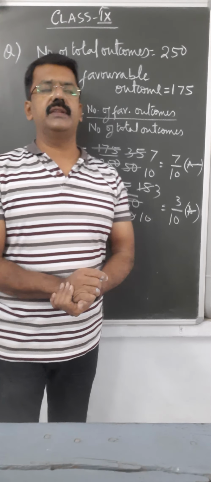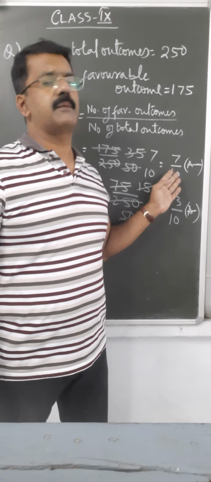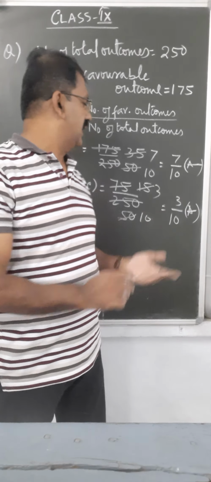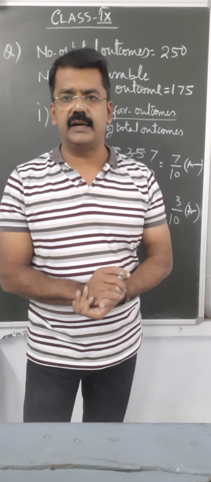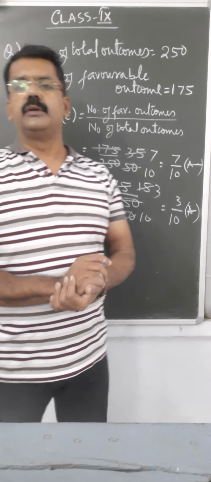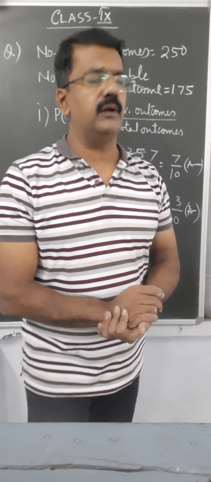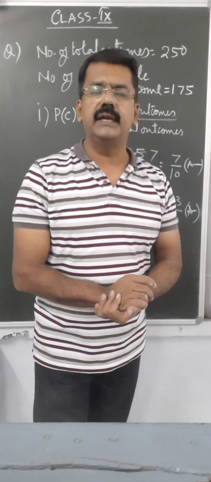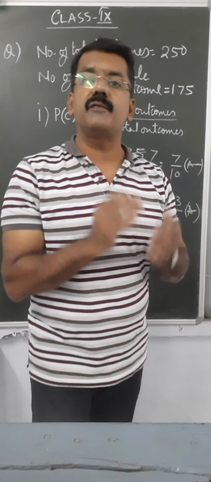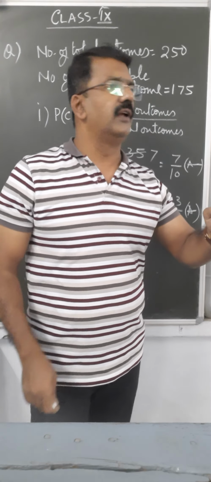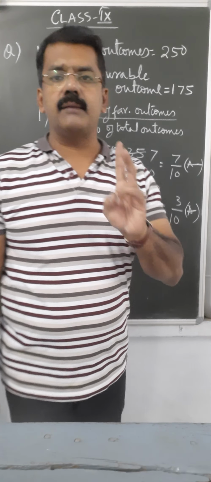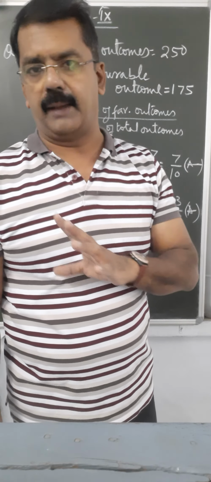One thing you can see, if you simply subtract 7 upon 10 from 1, you would get 3 upon 10 as the answer. If the probability of happening of an event is P, then the probability of not happening of that event will be 1 minus P, because there can be only two possibilities: an event can happen or it will not happen.